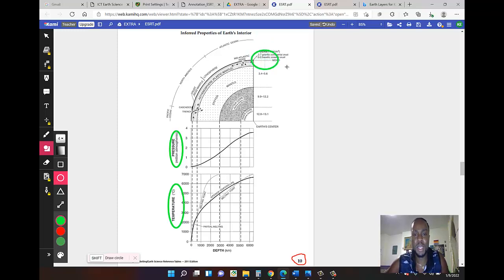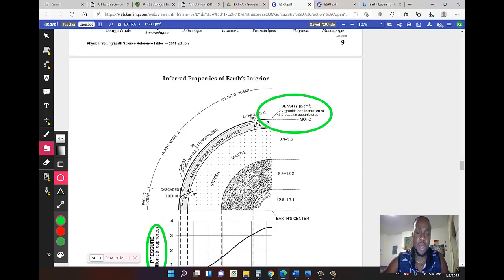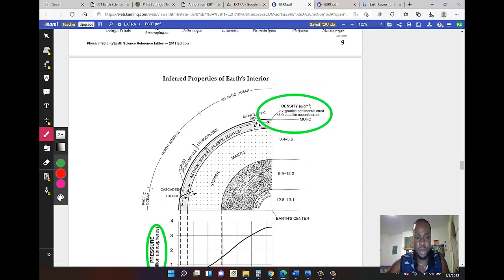Okay, so let's begin with density. I'm going to zoom in a little bit more so that you have more clarity on it. Like I said moments ago, as you move from the Earth crust into the Earth's core, you will be moving from one layer into another layer. On the outermost part is the Earth crust.